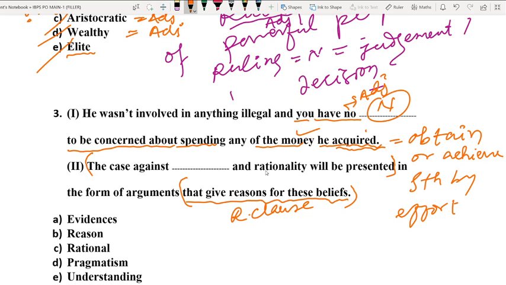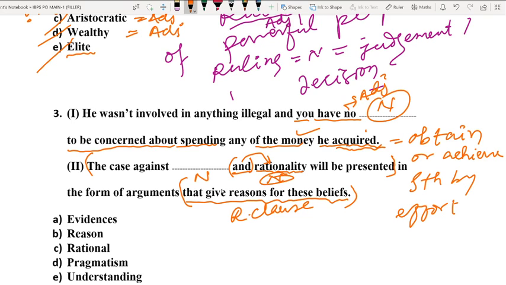Under the main clause we have rationality, which carries a positive meaning and is a noun preceded by a conjunction, and. Obviously, if a word used after and is a noun, the word that comes before and should also be a noun in terms of parts of speech.